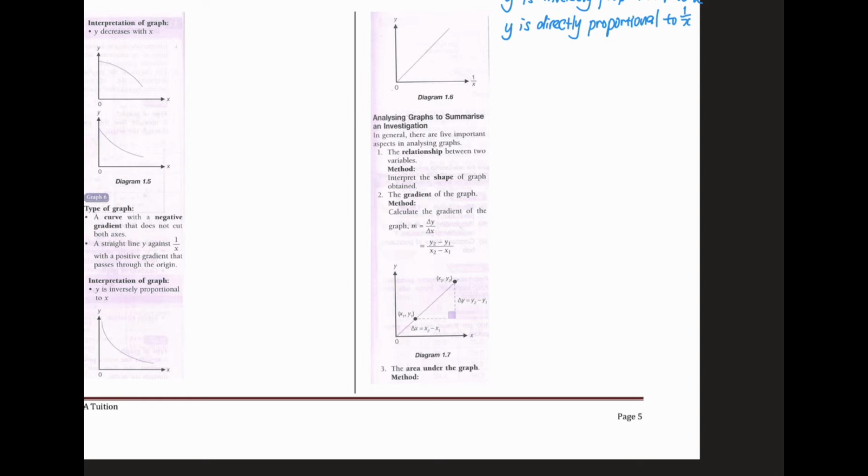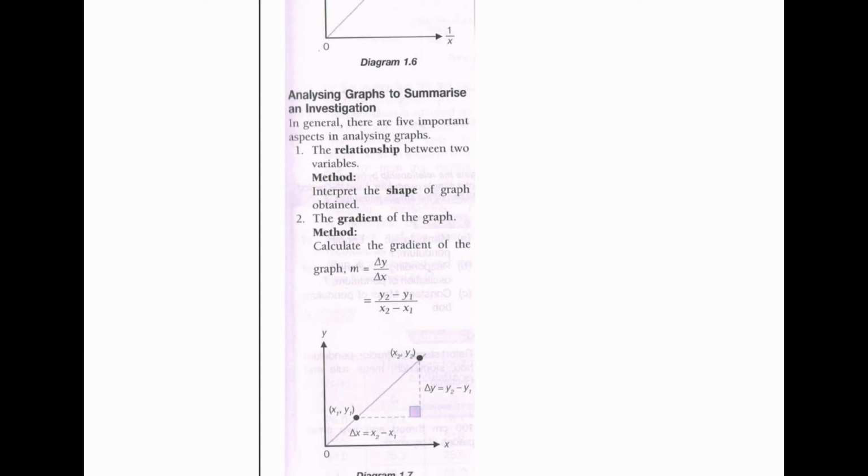Okay, now let's see the next part. Analyzing graph to summarize an investigation. So in general, there are 5 important aspects in analyzing graph. Number 1, the relationship between two variables. I hope you still remember we have directly proportional, increases linearly, decreases linearly, increases, decreases, and inversely proportional.